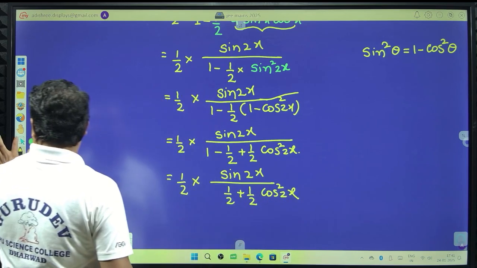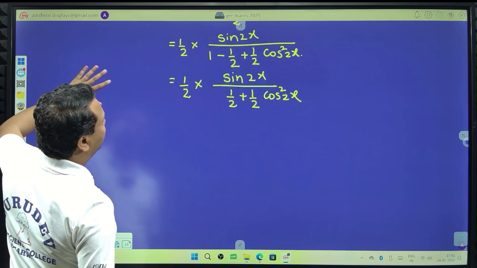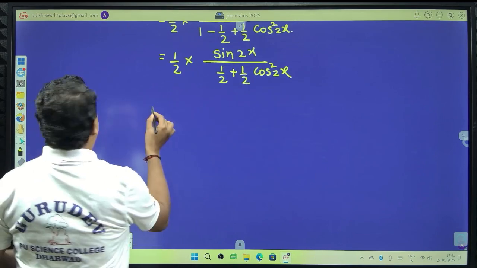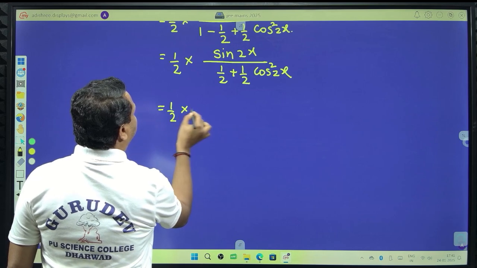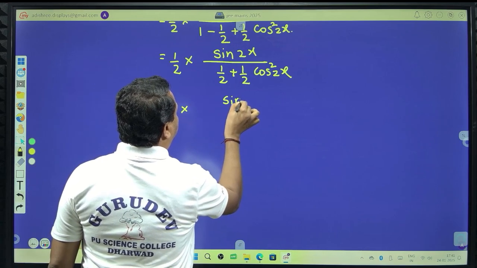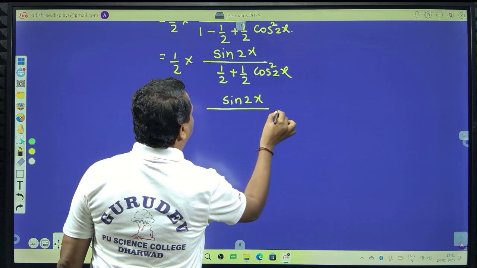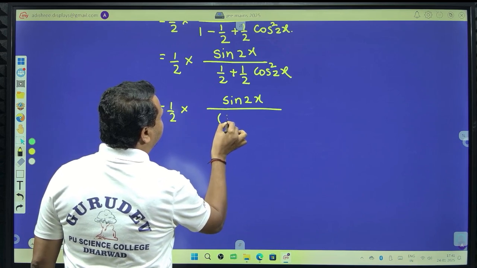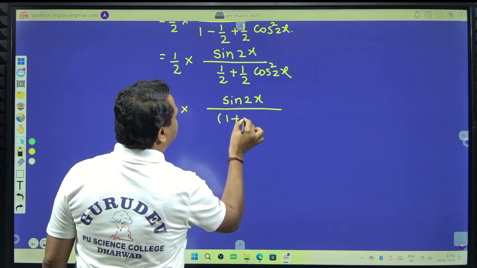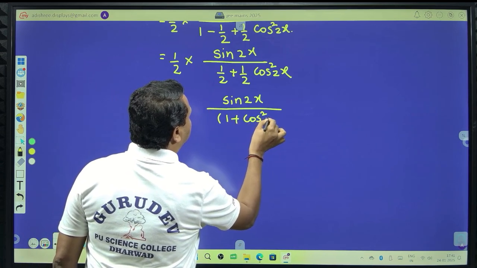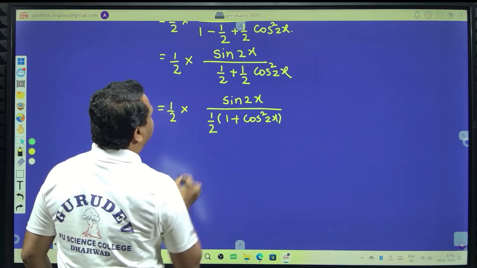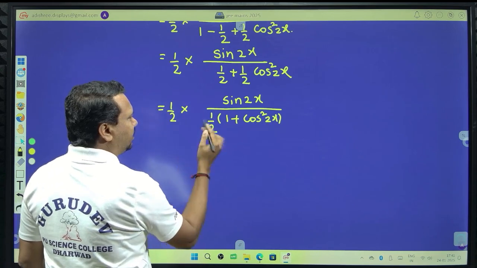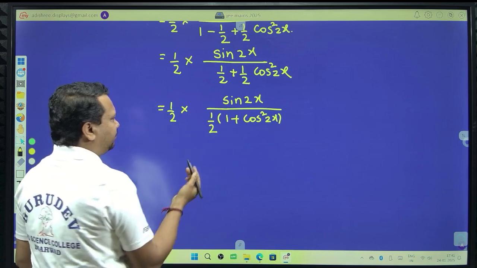Done. Now if I take 1 by 2 common, what is left in the bracket? 1 plus cos square 2x, and the 1 by 2 in the numerator and denominator get cancelled, or else you can take it to the numerator also, whichever is fine.